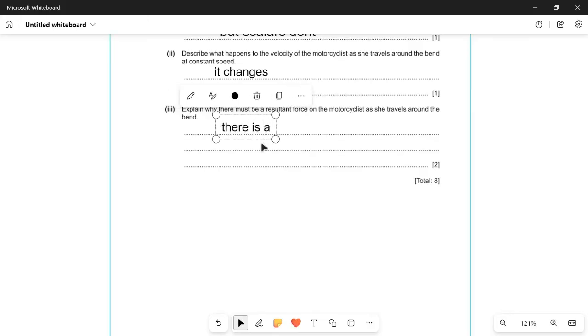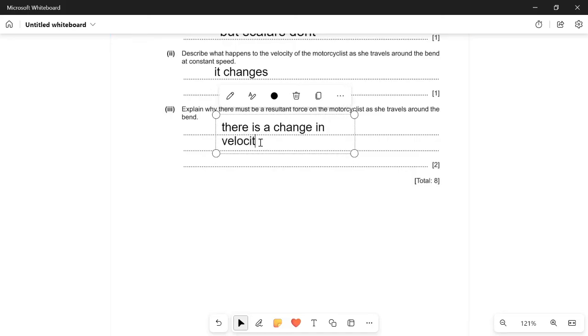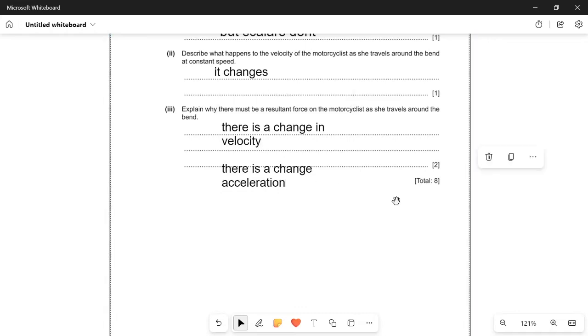If there was no resultant force, there wouldn't be any change in velocity. And the second point could be that there is a change in acceleration, because acceleration is the change in velocity per unit time. So that's the 2 points we needed.